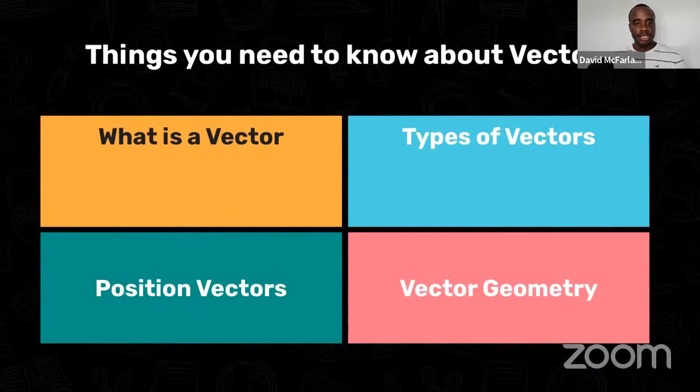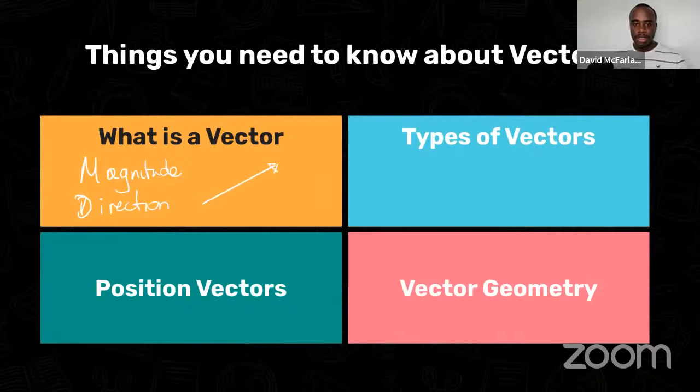A vector is something that has magnitude and direction. Oftentimes vectors look like that.